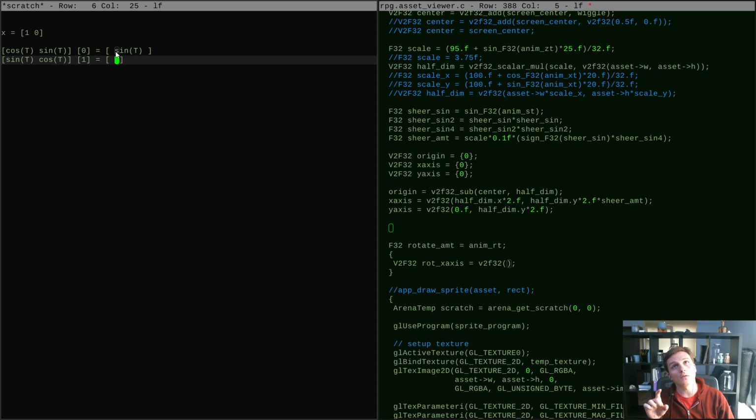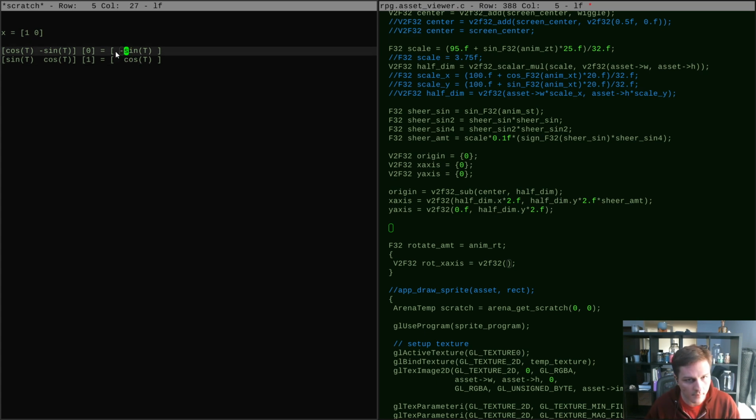Oh wait, no. The x value is 0 at first, but then it goes negative. It's negative sine t on this side. And then the y value starting at 1 drops off. Yeah, so that's cosine t. Right, okay, so there's our matrix.